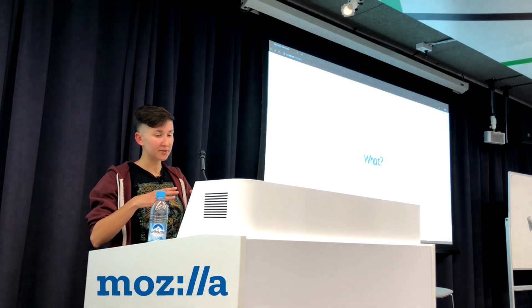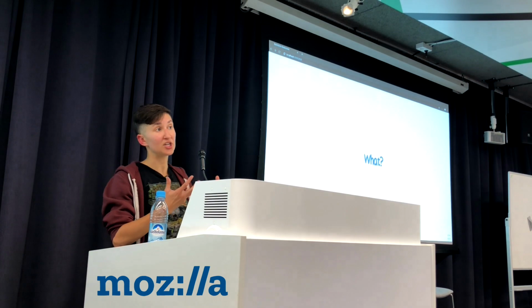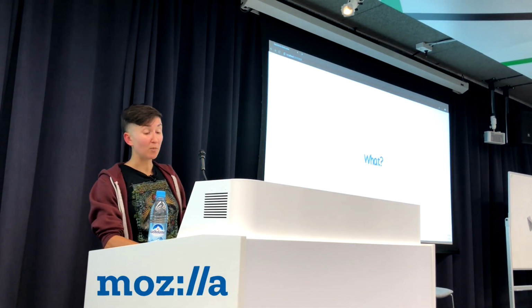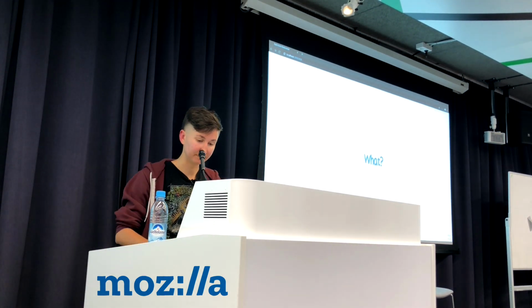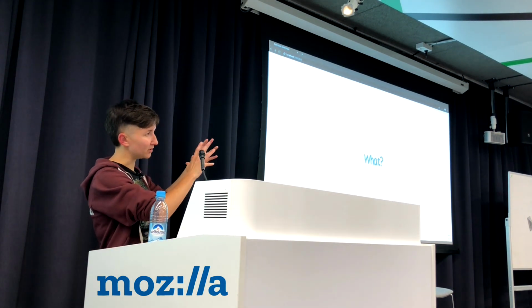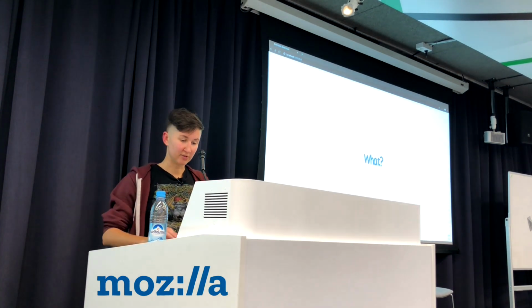WebAssembly is very close to the assembly languages that most machines use. So the runtime only needs to do this small translation from WebAssembly to the actual assembly language that's specific to the machine it's running on.